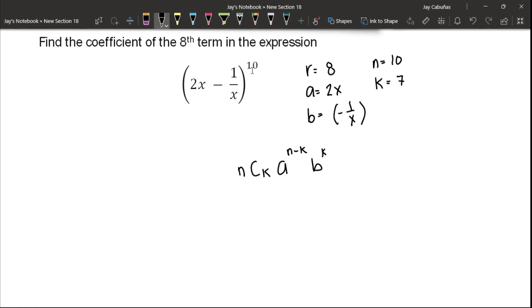Our n here is 10, c, our k here is 7, our a here is 2x raised to n minus k, that is 10 minus 7, b is negative 1 over x raised to 7.